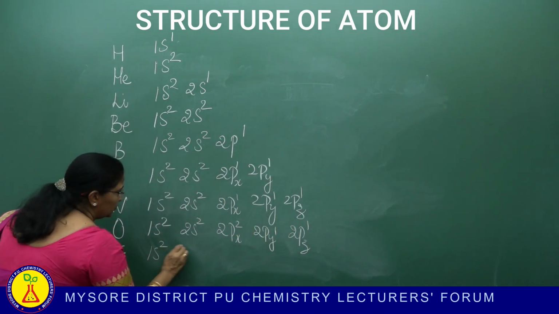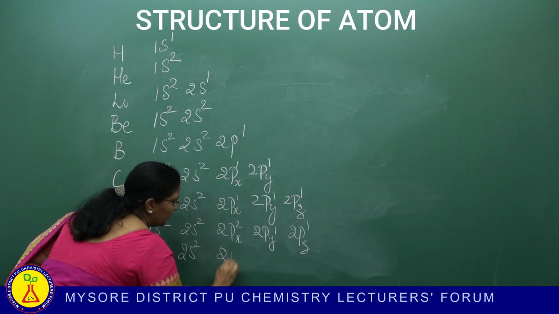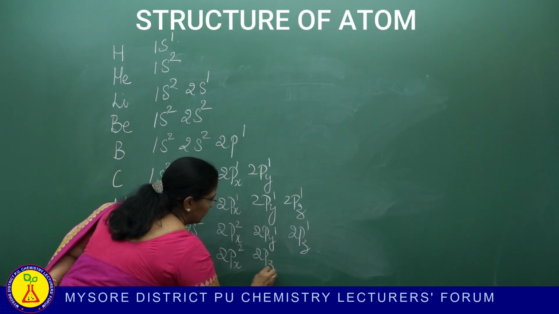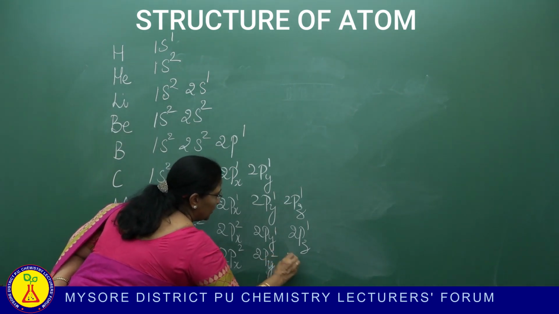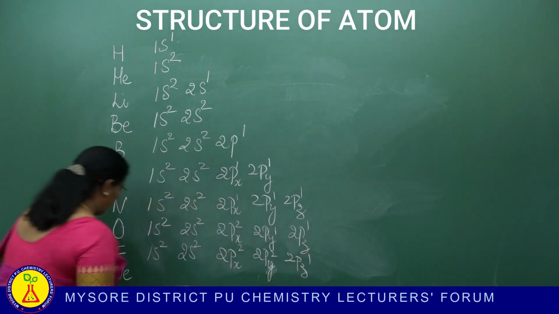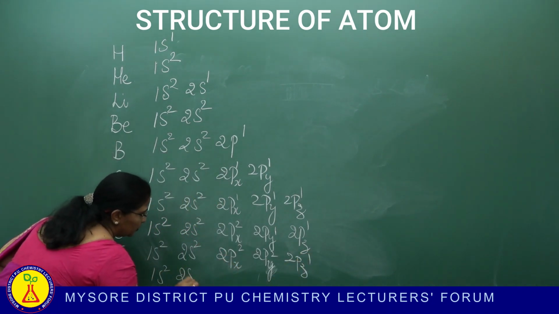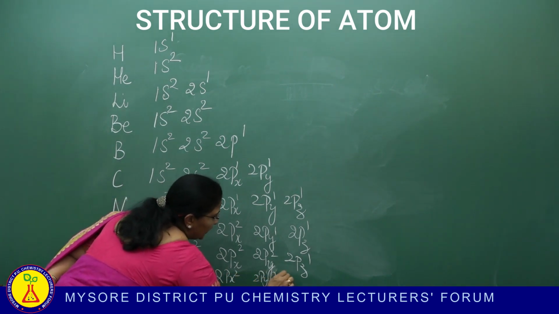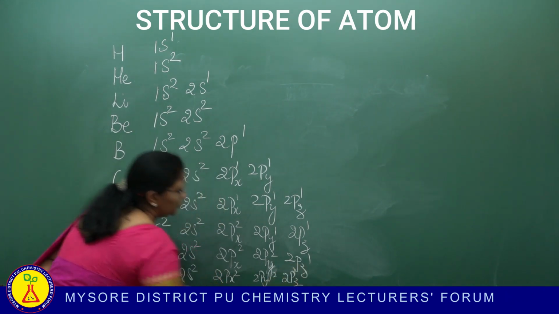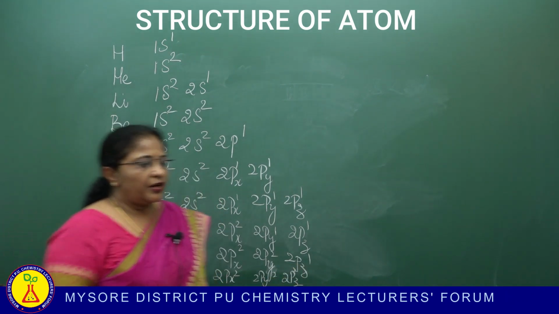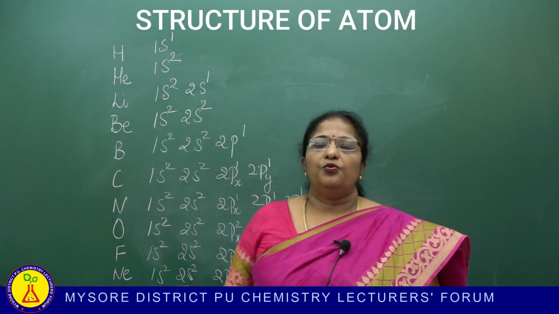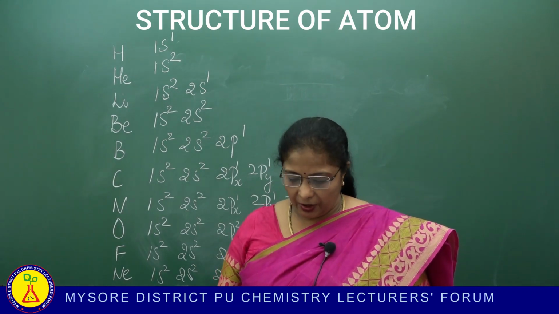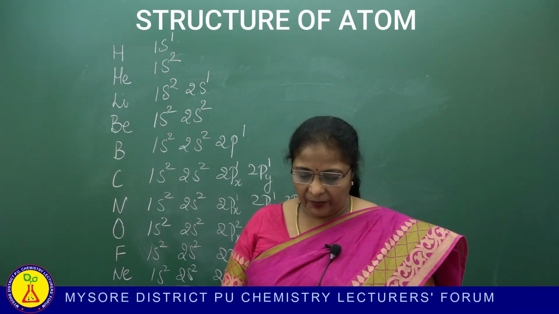Fluorine 1s2, 2s2, 2px2, 2py2 and 2pz1. Neon 1s2, 2s2, 2px2, 2py2 and 2pz2. So this is the electronic configuration of the first 10 elements. You can try out the electronic configuration of the other elements also.